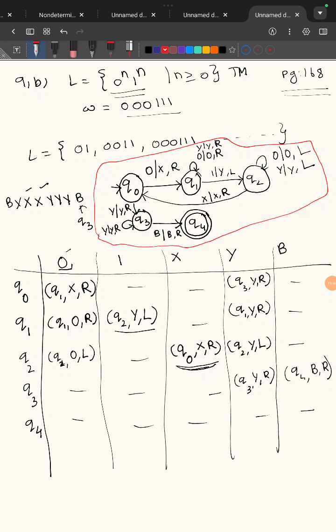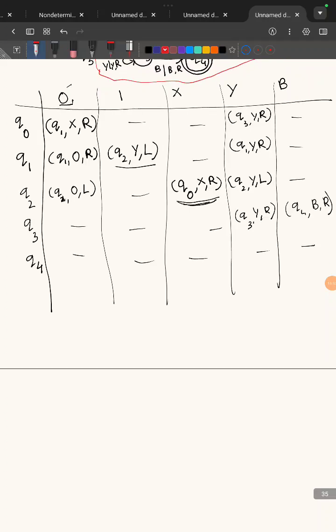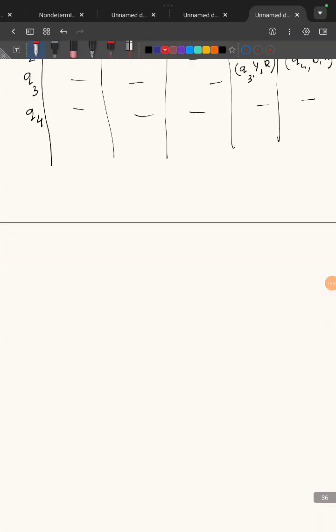Now what they have asked you to do: they have given you a string, and they have asked you to do the instantaneous description for that. So what is the input string they have given? The input string is 0 0 0 1 1 1.